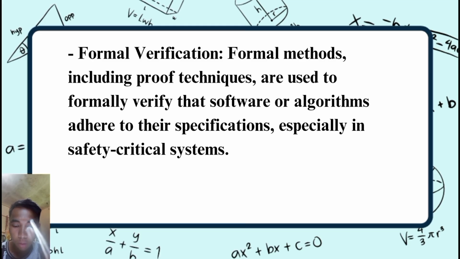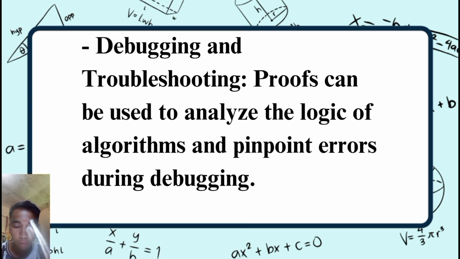Formal methods, including proof techniques, are used to formally verify that software or algorithms adhere to their specification, especially in safety critical systems. Debugging and troubleshooting. Proofs can be used to analyze the logic of algorithms and pinpoint errors during debugging.